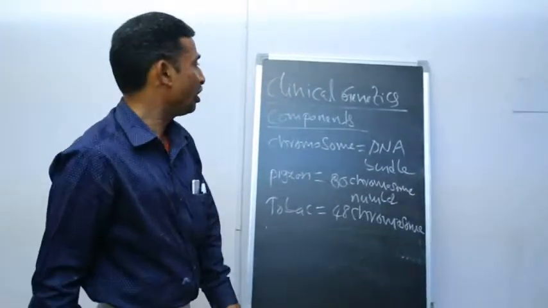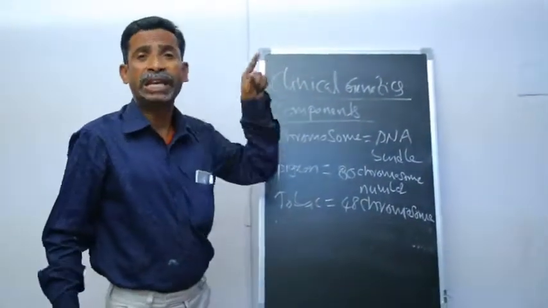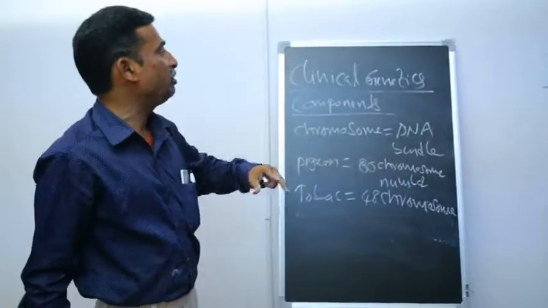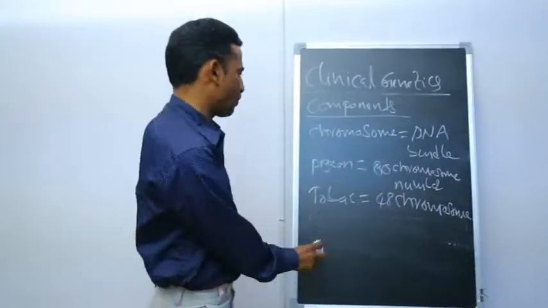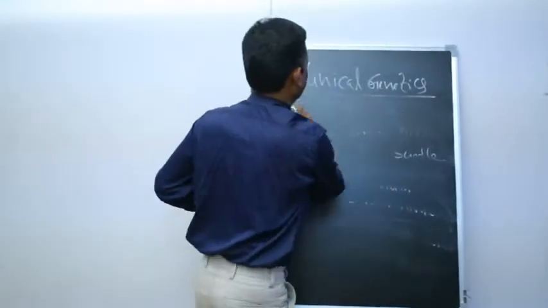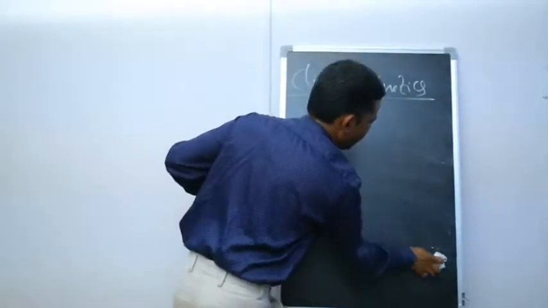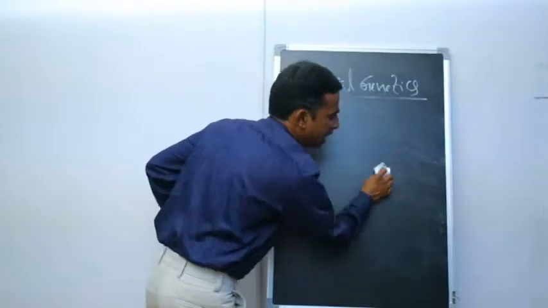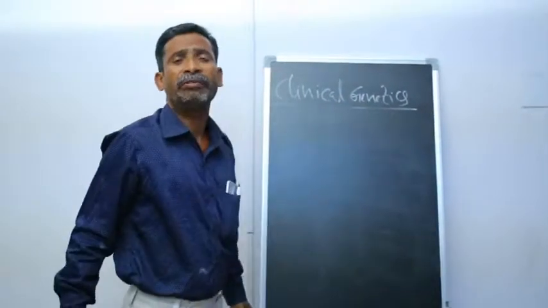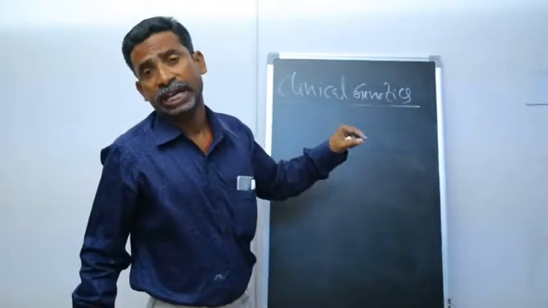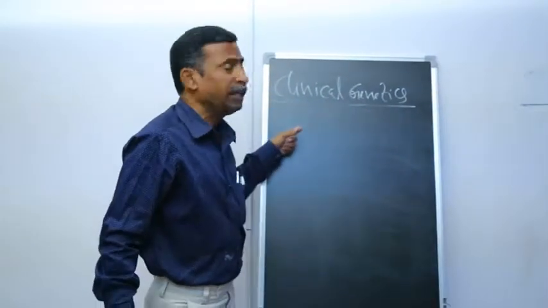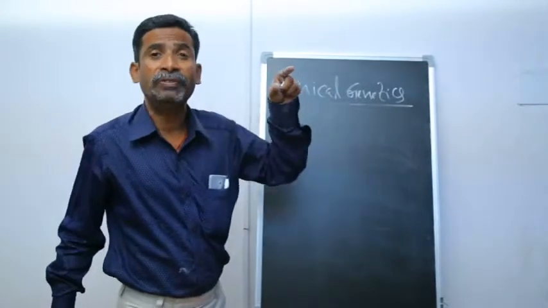There is some difference between genetics and clinical genetics. In genetics, we study and identify the characteristics of DNA, observe the sequence of DNA and identify particular sequences.